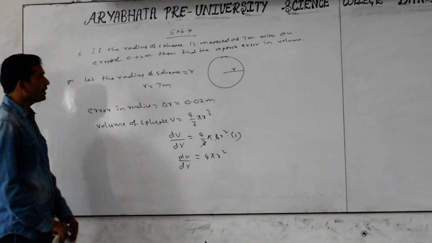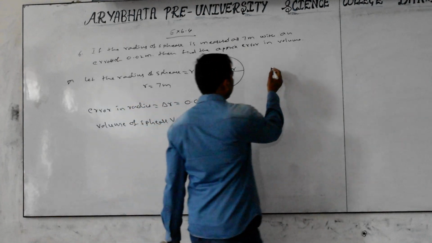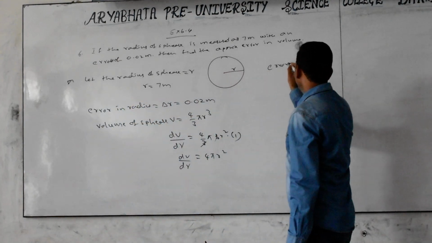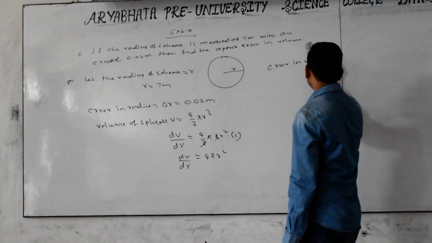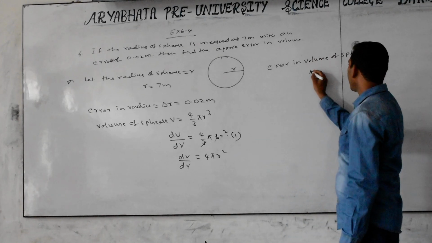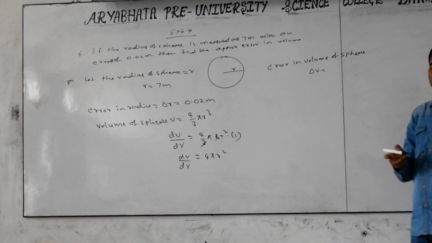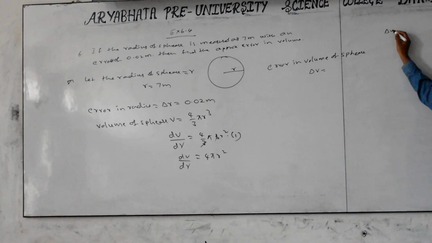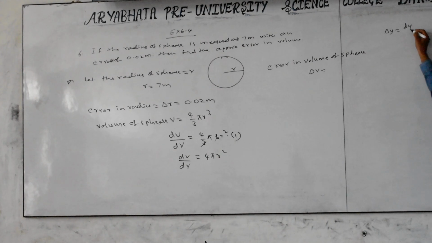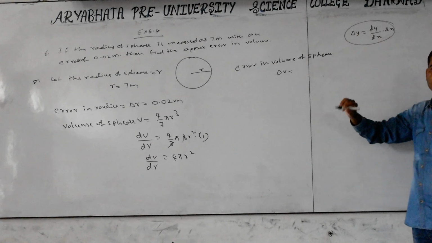Now we are going to find the error in volume. So error in volume of the sphere, delta v equal to, as in the previous class we have discussed, change in y using the formula delta y equal to dy by dx into delta x.